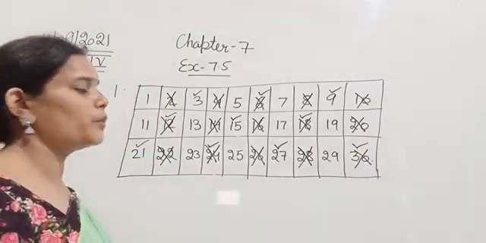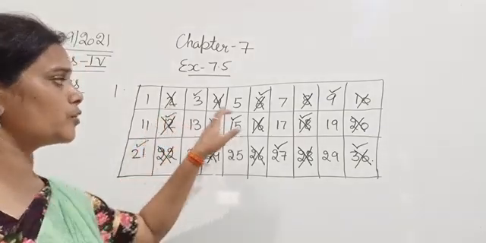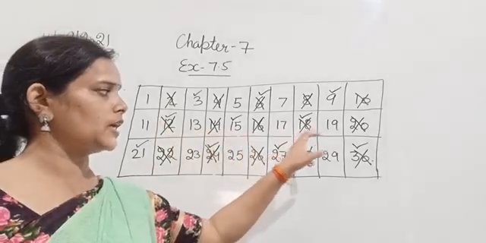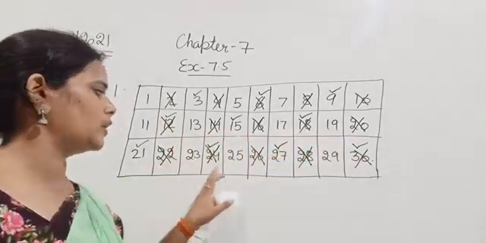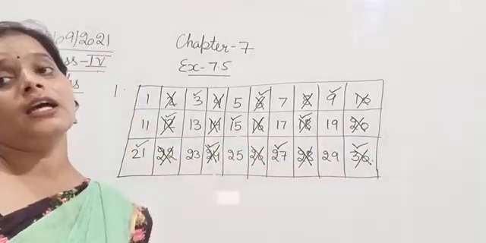Okay, now we have crossed the multiples of 2: 2, 4, 6, 8, 10, 12, 14, 16, 18, 20, 22, 24, 26, 28 and 30.